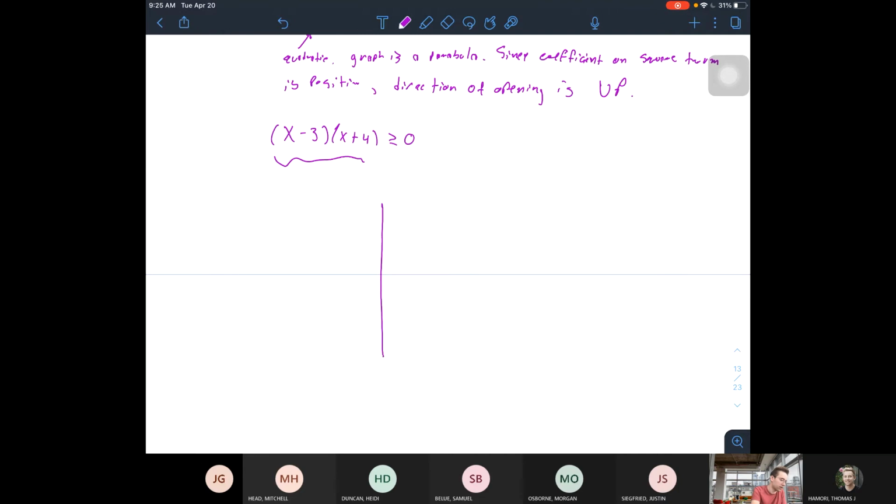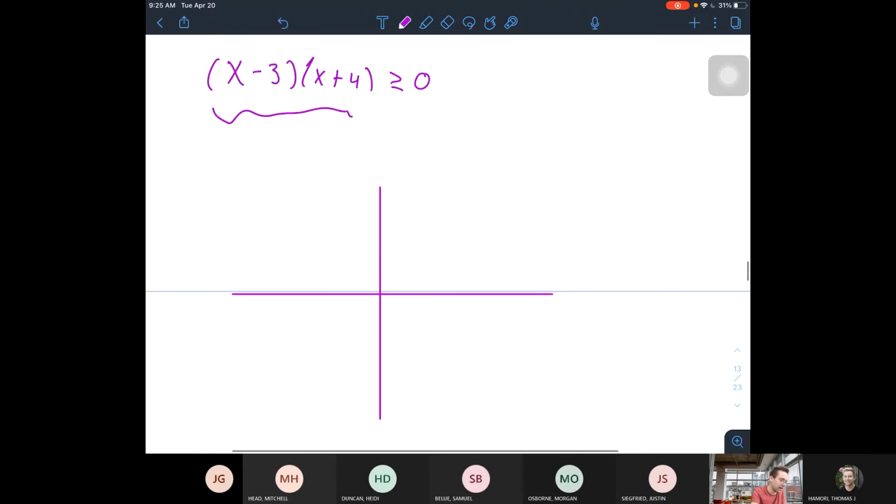It looks like a parabola opening up, and it goes through the x-axis at the points (-4, 0) and (3, 0). And we know it opens up, so it looks something like this. In between it will be beneath, and to the sides it will be above.